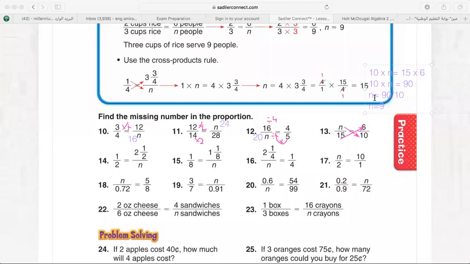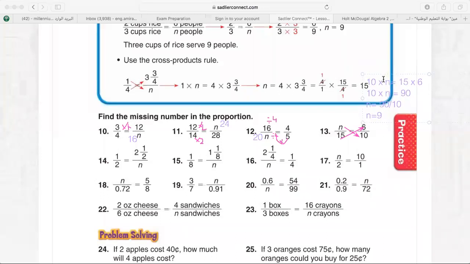How will I get n? I will divide this 10 that is next to n by 90. Okay, girls? It's always by 90. Next to n, I will divide it by the product on the other side.